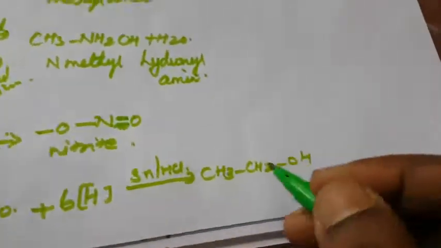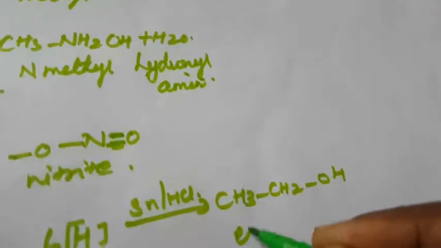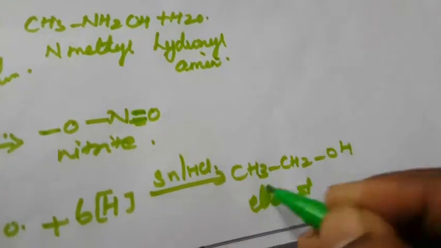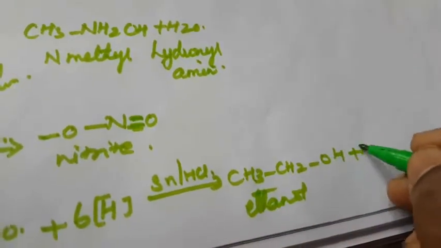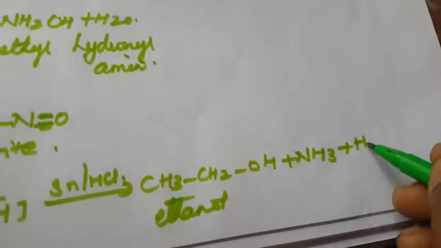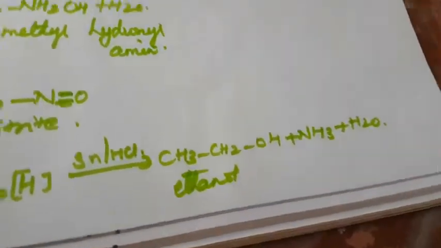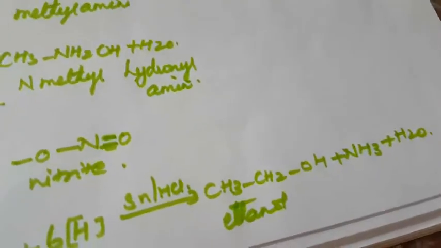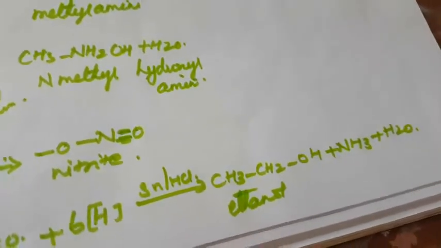What is this compound name? Alcohol functional group, that is called ethanol. Okay, then ammonia will be liberated, NH3 plus H2O. Okay, so this is another one. These are all the reductions of nitroalkane.